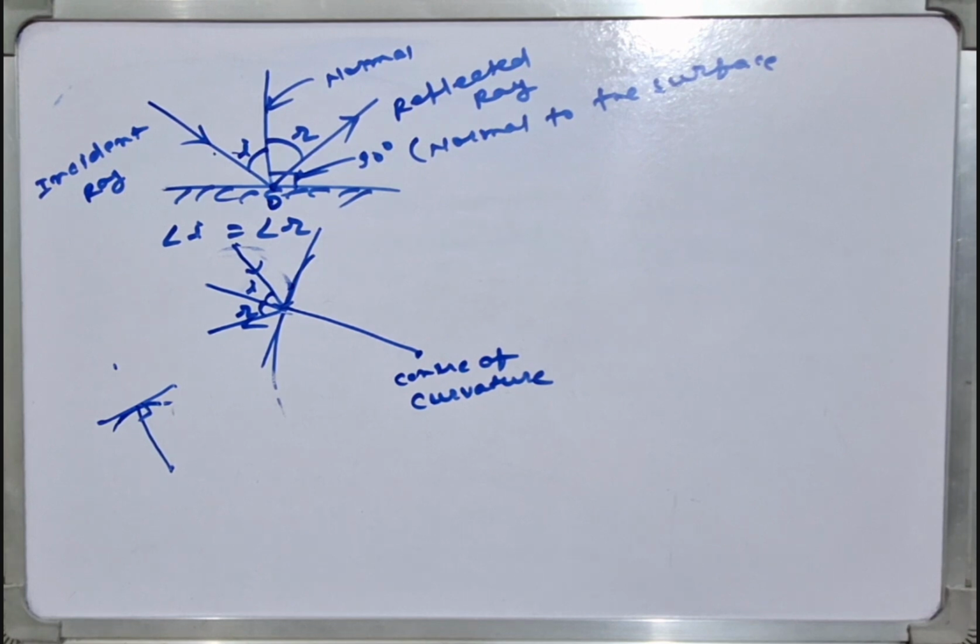Now guys, another thing, about the mirror. So what is a mirror? A mirror is made by two processes: one is a polished face, the other is a coating face.